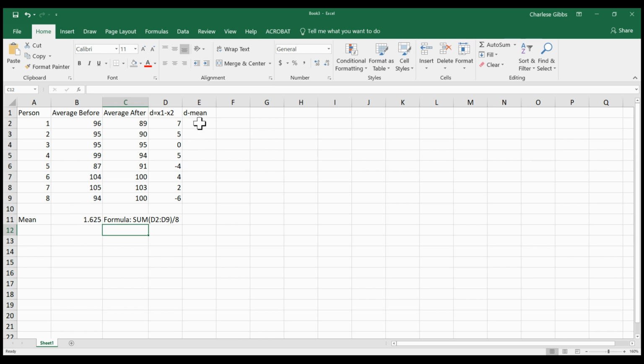I just want my difference minus my mean. So I want my difference minus 1.625. I don't want to put this cell because once I drag it down, it's going to change that cell, and I don't want it to change that cell. I just want it to find my differences for me. So this is D2, the difference, minus the mean. Okay, we're going to use that a little later.